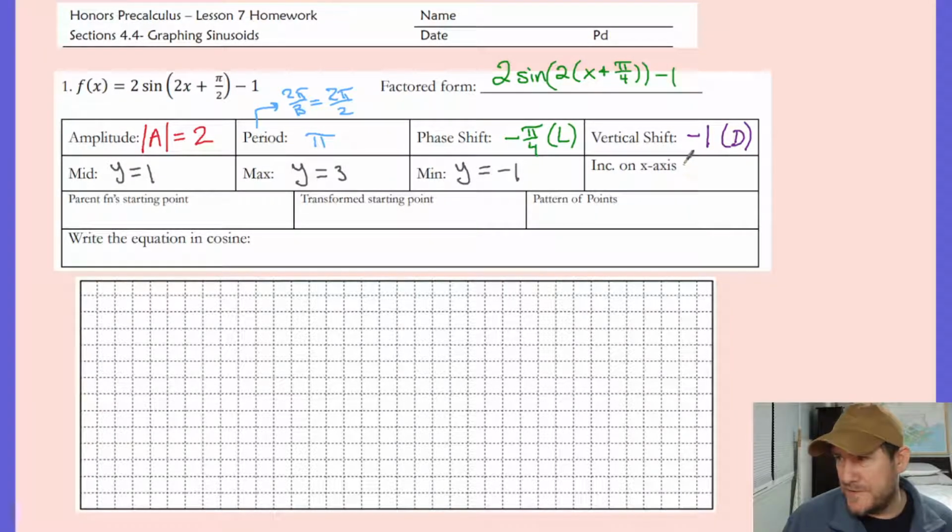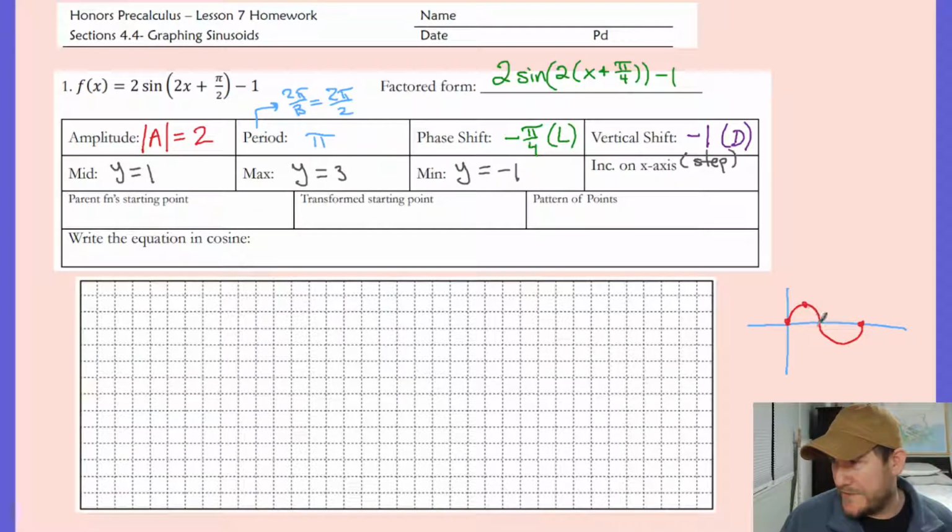Then for the increment on the x-axis, that's also called the step. It's the horizontal distance we change by between all the critical points. So if we're graphing a sine function, you should know that we want to start on the midline, up to a max, down to the midline, down to the min, up to the midline.